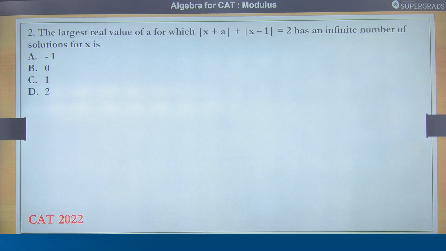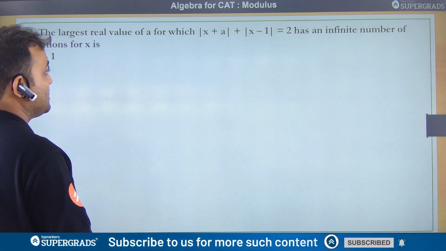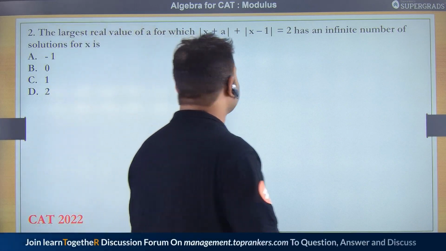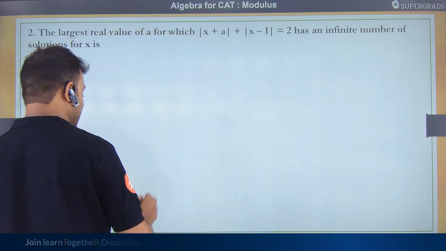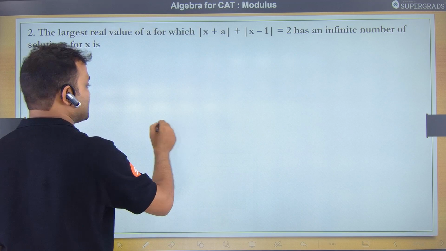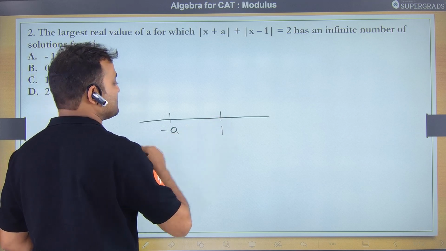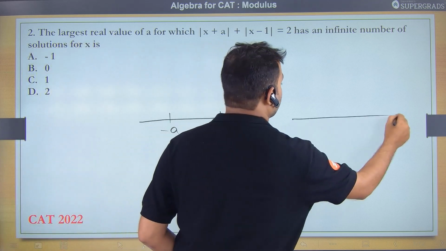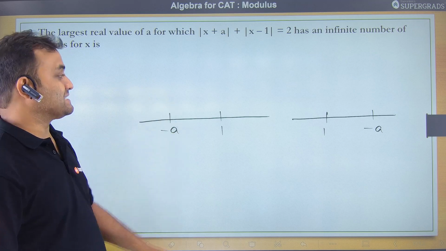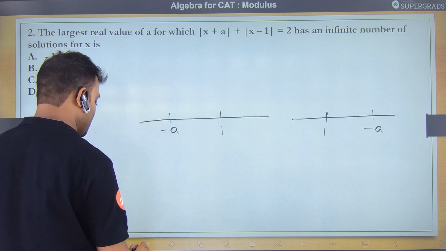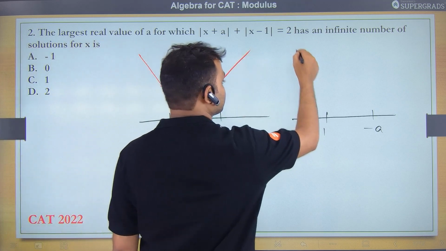Next question from CAT 2022. It says the largest real value of a for which this has an infinite number of solutions. I told you guys that when we are drawing the graph of these types of expressions, let's say this is minus a and this is 1, or this is 1 and this is minus a, in both cases the graph will look something like this.